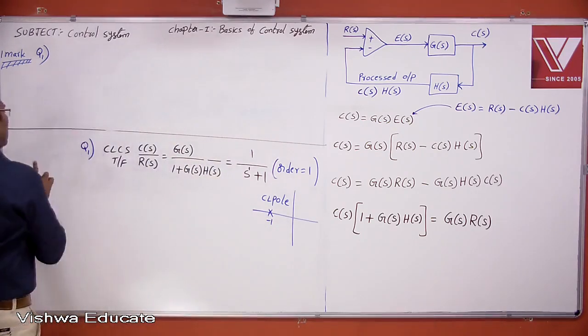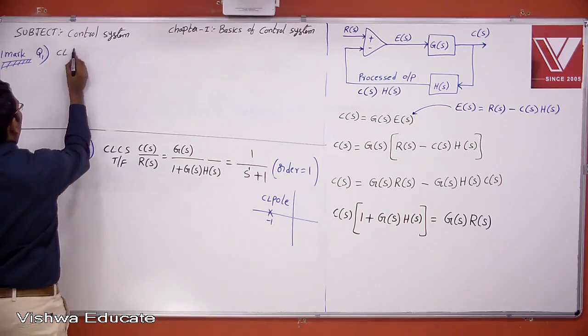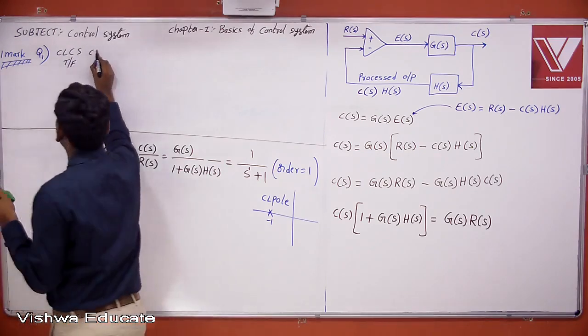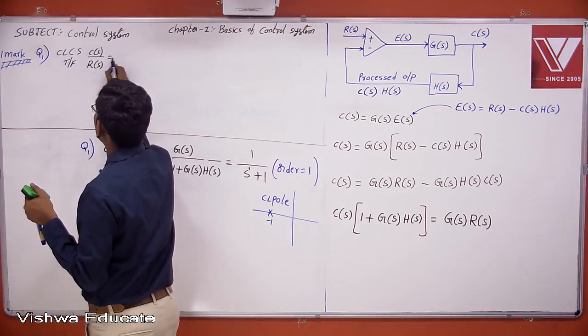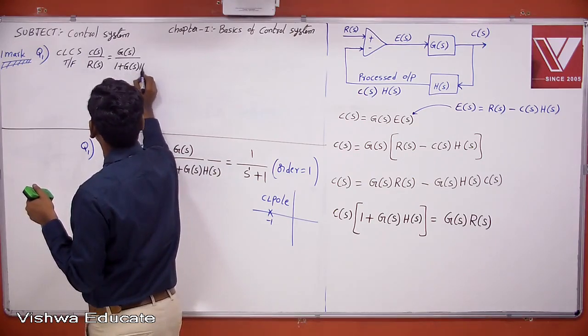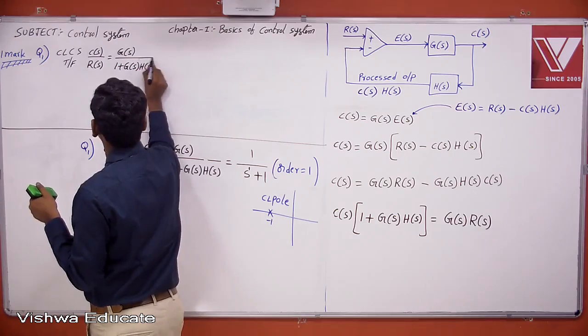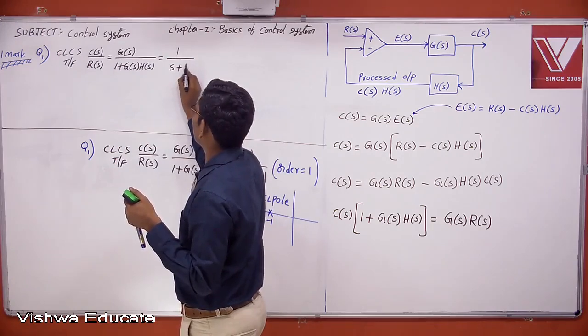Now see here, this is question number 1. What we discussed is, this is a closed loop control system transfer function, which is C of S by R of S, equal to G of S by 1 plus G of S into H of S. The closed loop transfer function is 1 by S plus 1.